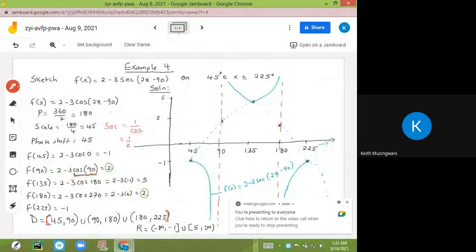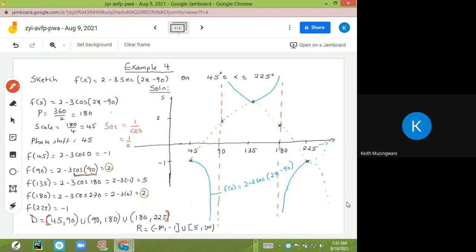So by the time I go back to sec, I'll put an asymptote there because I know if I insist on sec 90, it will be 1 over cos 90, which is undefined. So I'll have 2 minus 3 multiplied by an undefined thing. That's why we have an asymptote.